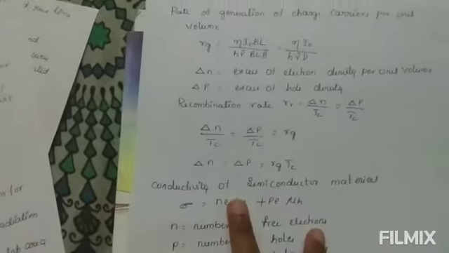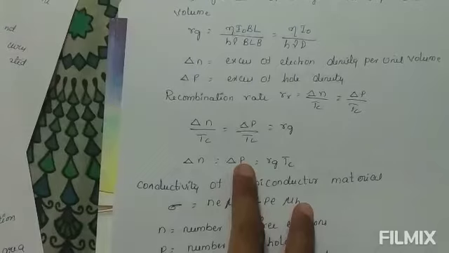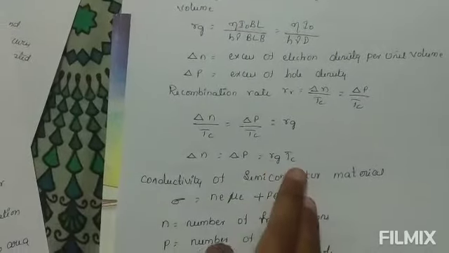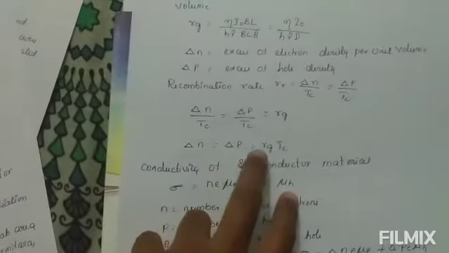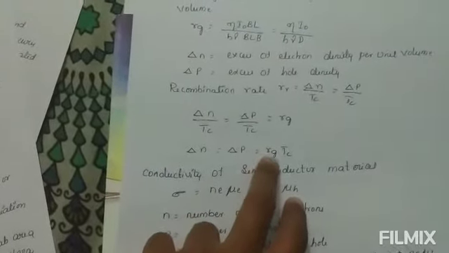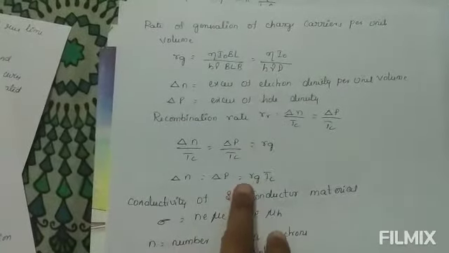If you substitute that, ΔN = ΔP = R G τc, that is the electron density will be equal to the hole density, which equals the recombination rate times the carrier lifetime.